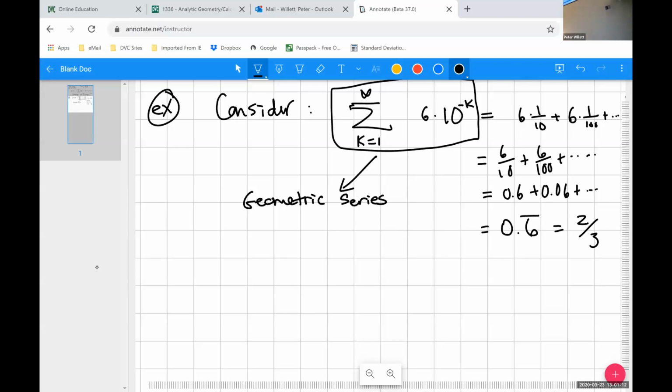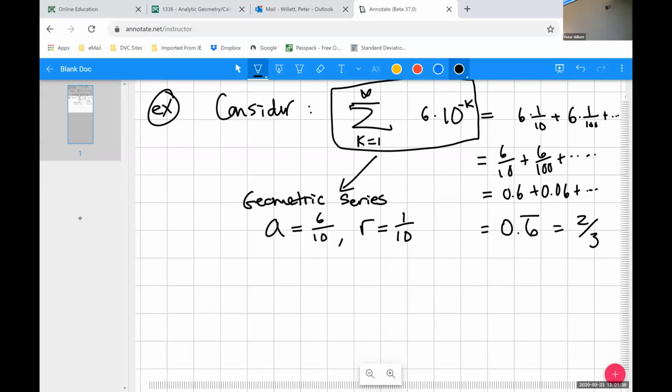The very first term in the series, the a value, or a sub 1, is 6/10, and the r value that we multiply by each time is 1/10.